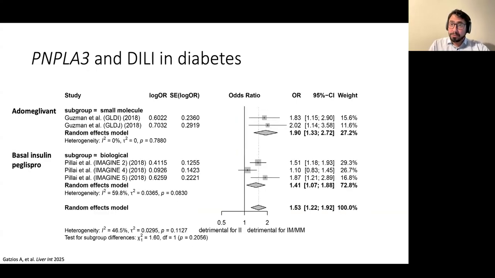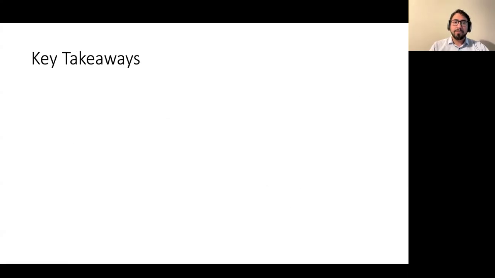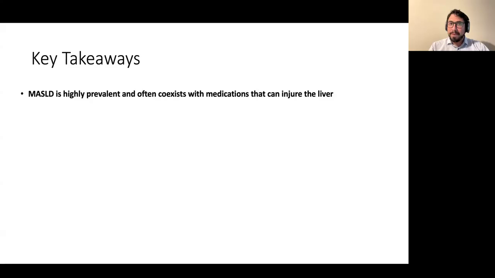But in individuals with diabetes, two medications, a glucagon agonist, a glucagon antagonist, and the basal insulin peglispro could have a higher risk of hepatic steatosis if they have at least one risk allele of PNPLA3. So I think this is a mix of things, but I hope you get the following message.